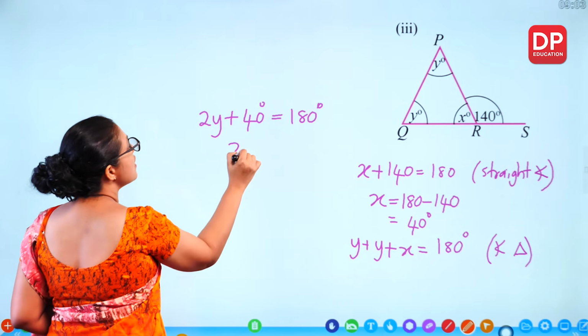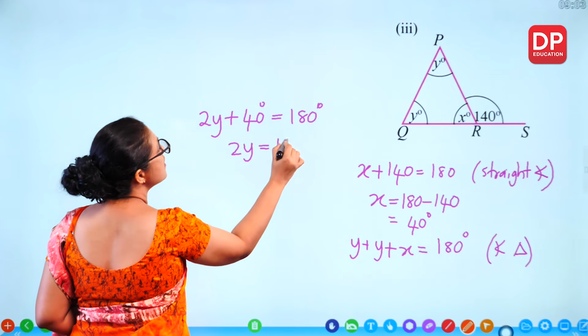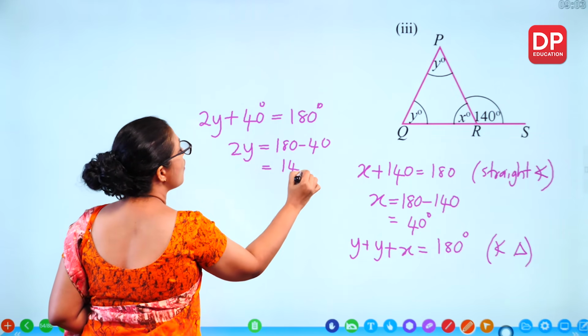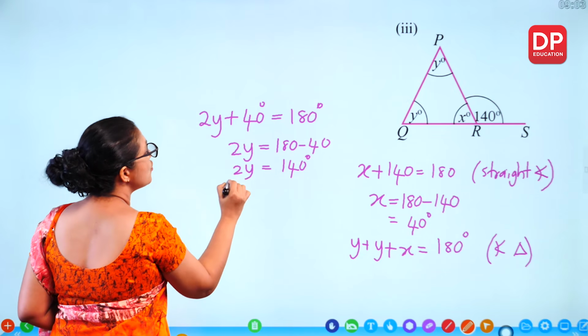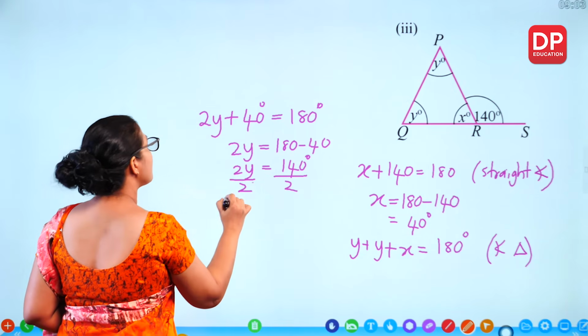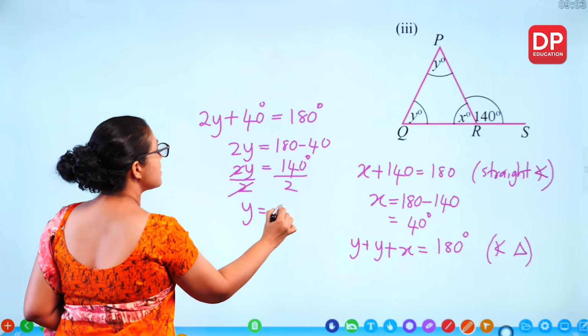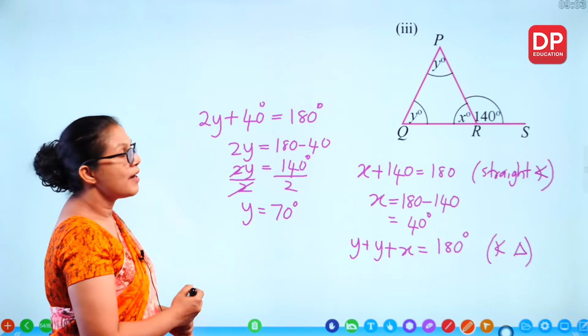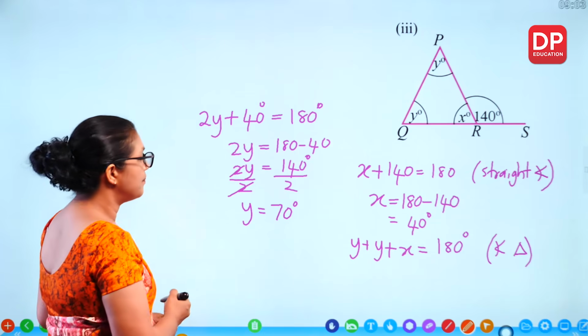So take 40 to the other side, 2y equals 180 minus 40, that's 140. Divide by 2, you get 70 degrees. So x equals 40 and y equals 70.